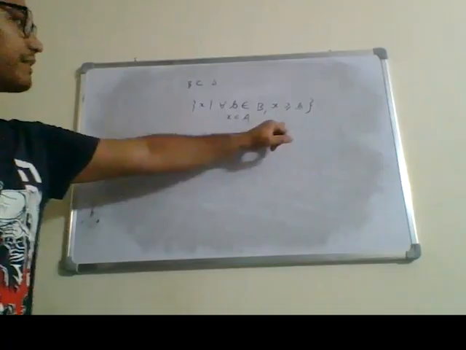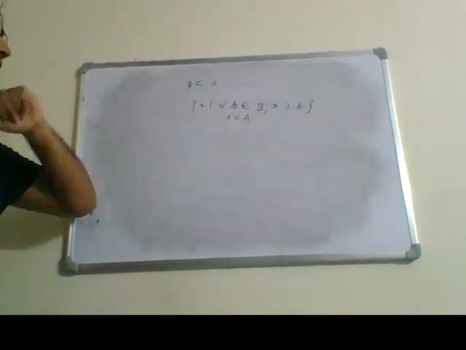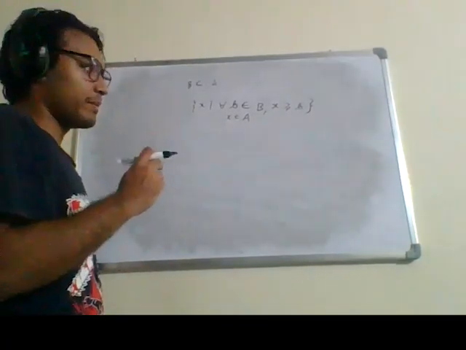Now, because this is a subset of A, it's going to have the least upper bound.